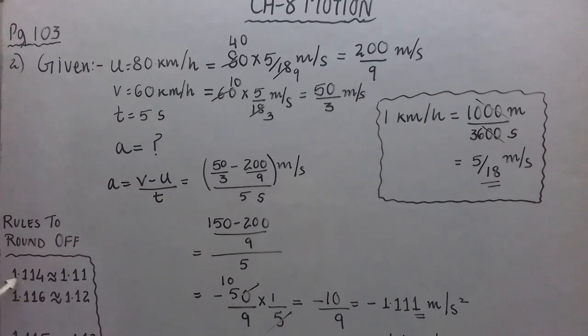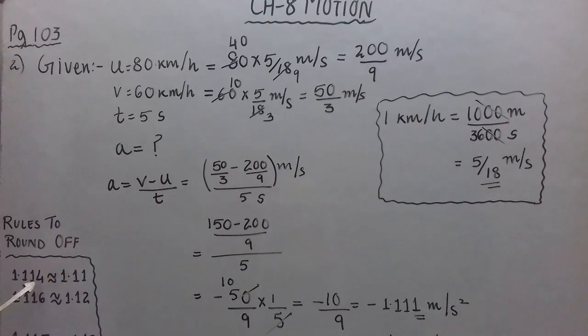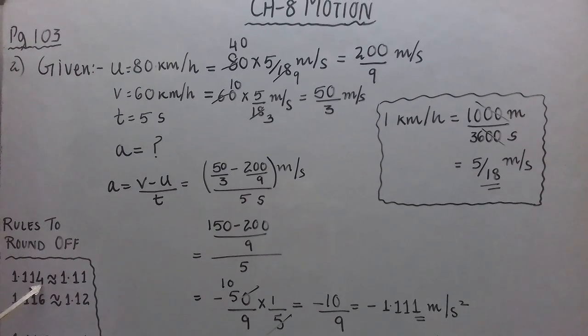It means when I want to round it off to 2 decimal places, because the next number is less than 5, I'll retain the same digit. So the answer comes out to be 1.11, because I have retained 1, as the next number is less than 5.